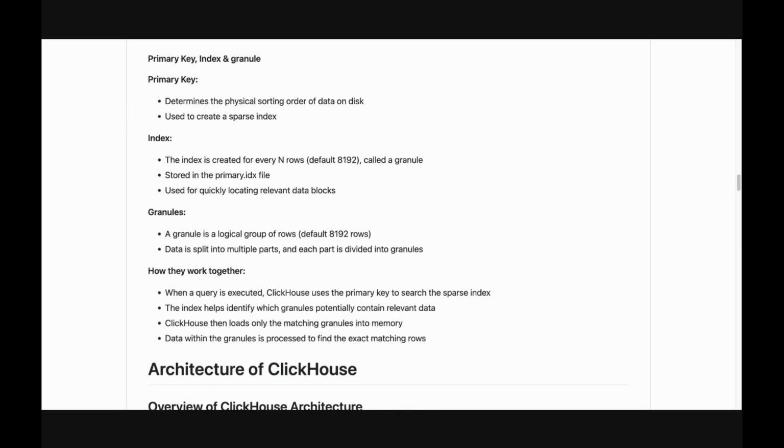Now, how they all work together. When the query is executed, meaning when you do something like select all from a particular table, which we'll see as a demo, it'll go through the primary key to figure out which granule has that data. And then once you find the granule that has your data using the primary key index, it's able to just look for the information in those granules.